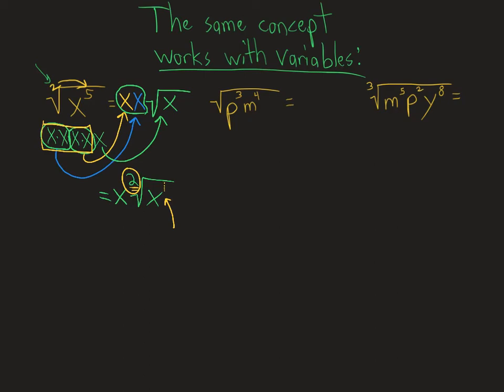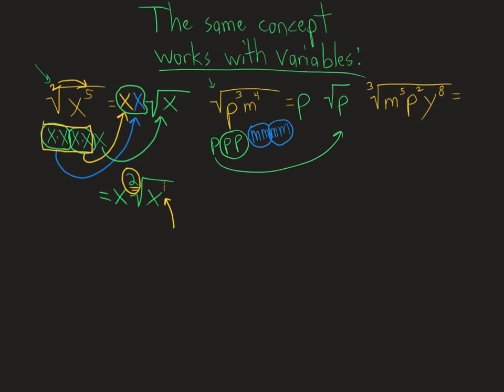All right, let's do it again. It's probably easier if you watch. 3 p's. It's a square root if nothing's written, which means I can take a pair of p's out. That becomes 1 p on the front, and then 1 p is left inside. Do the exact same thing with the m's. 4 m's, it's a square root, so 2 of them and 2 of them.